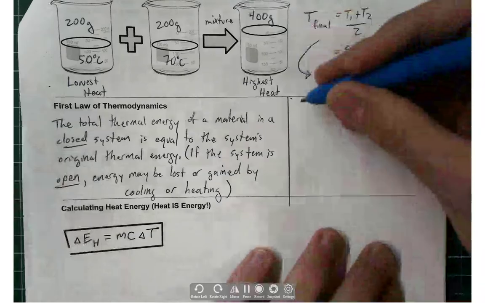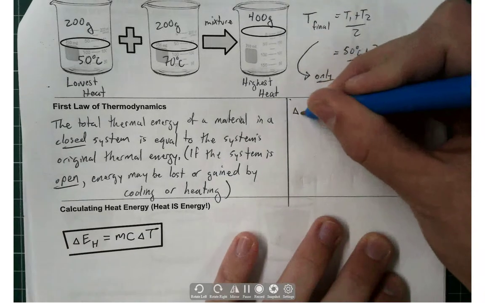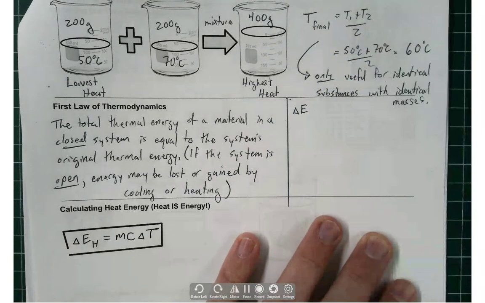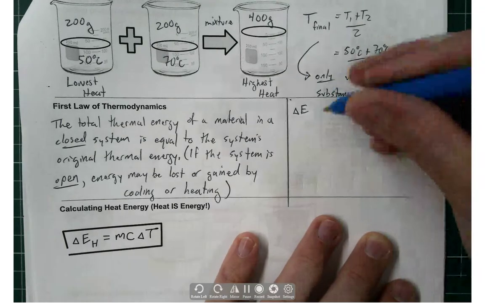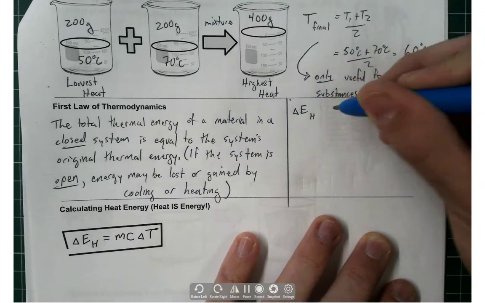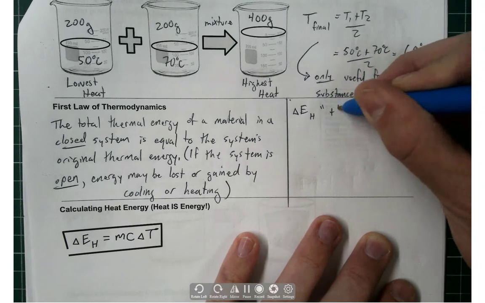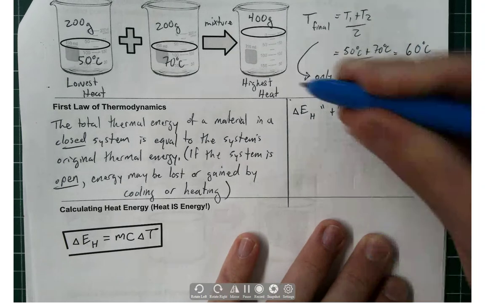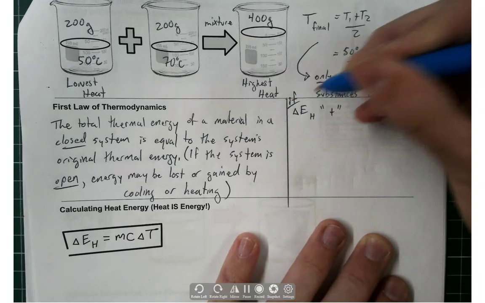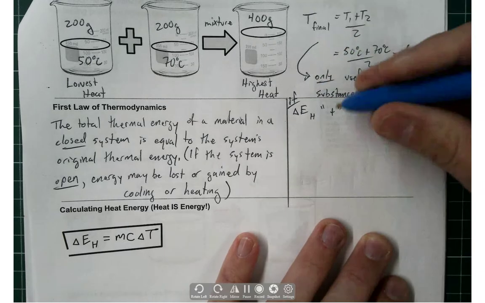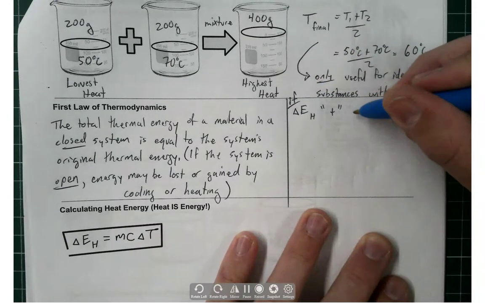You remember when we were talking about doing negative work on things from friction? This is kind of like that. If delta EH is positive, things get heated up.